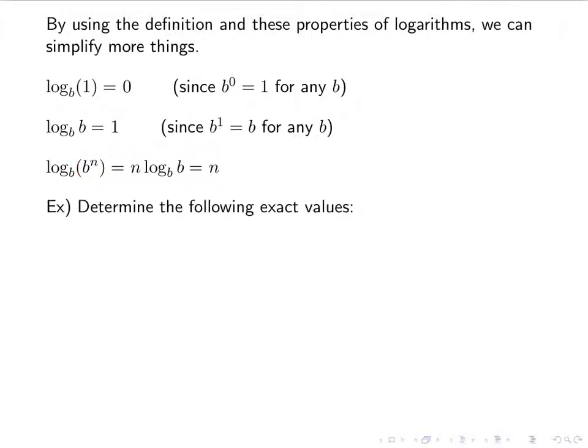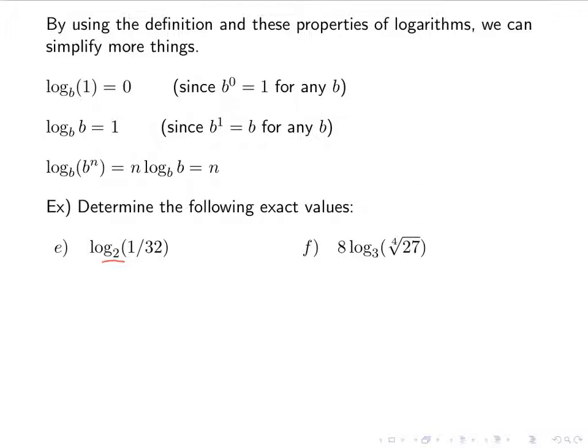So we're going to do a couple examples of using that. Determine the exact values. We're not going to use a calculator, but we're going to know the values of these logarithms. So for e, we have log base 2 of 1 over 32. And I want to look at 1 over 32 and say, can I put that as my base, which is 2, to a power? And I think, well, yes, I can.